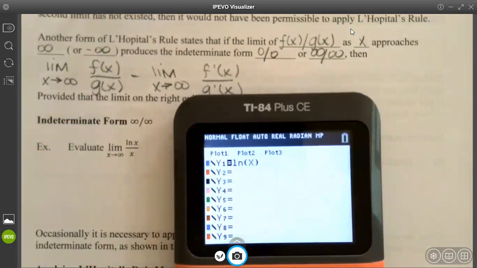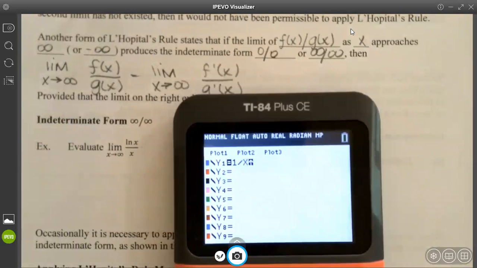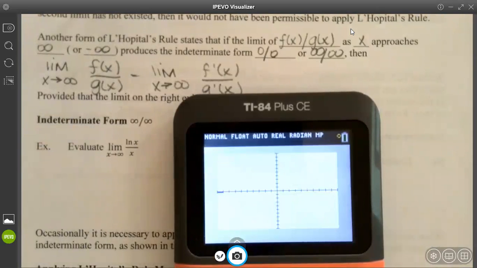If I put in my 1 over x, sorry, and I graph it, what's going to happen as we keep going? Okay, so see how on the right, it's just that one curve and they're opposite. So what about if this one went to 0? Let's talk about that for a minute. What if we looked for the limit of this function as it approaches 0?